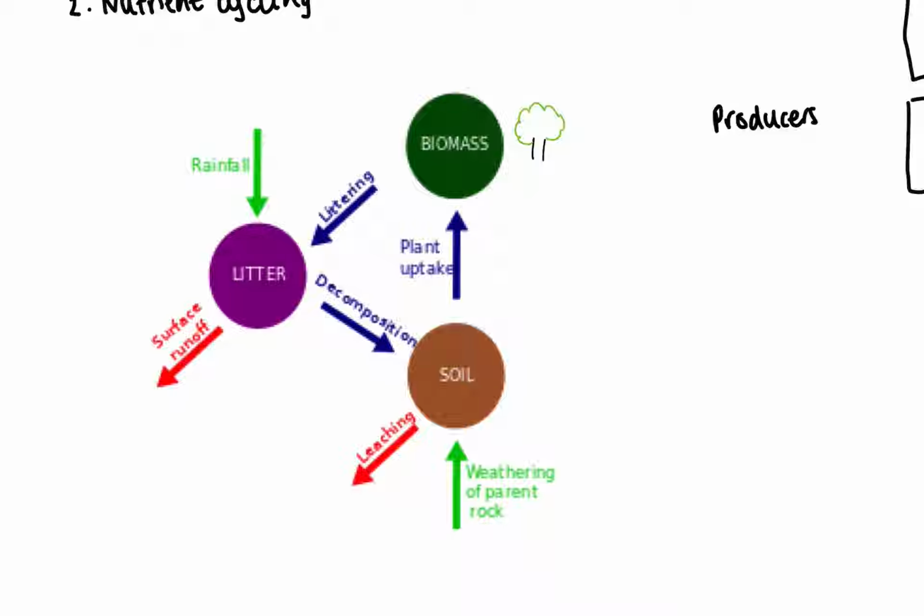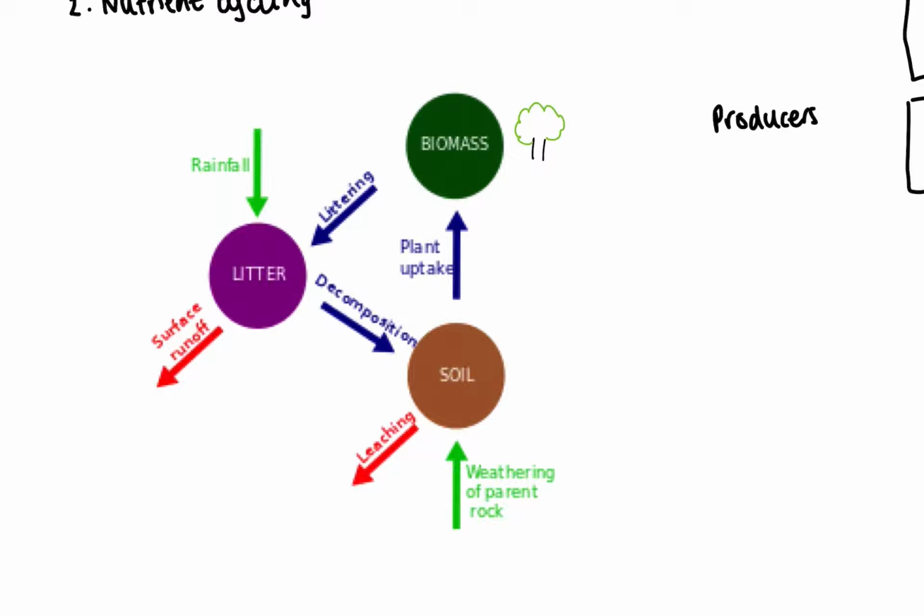With this nutrient cycle come inputs and outputs. Our inputs here I've drawn on in green. Rainfall is one input we see particularly at the litter stage, which is going to support the decomposing. The weathering of rock here again supports the conditions in our soil.